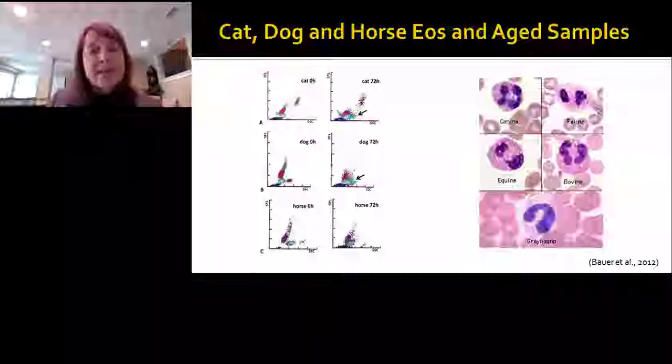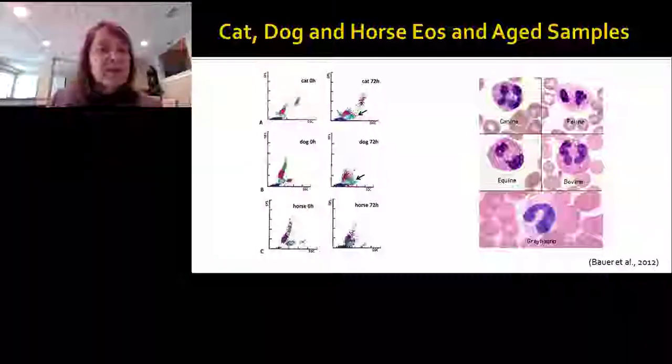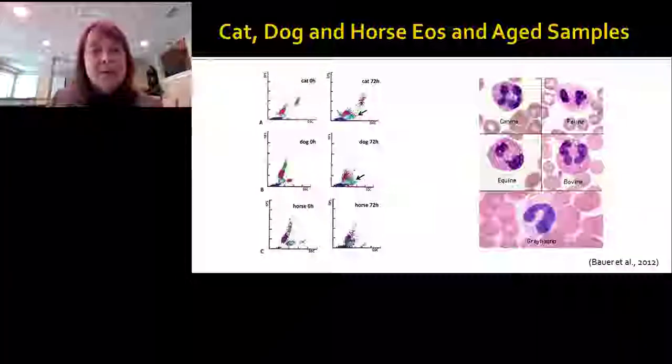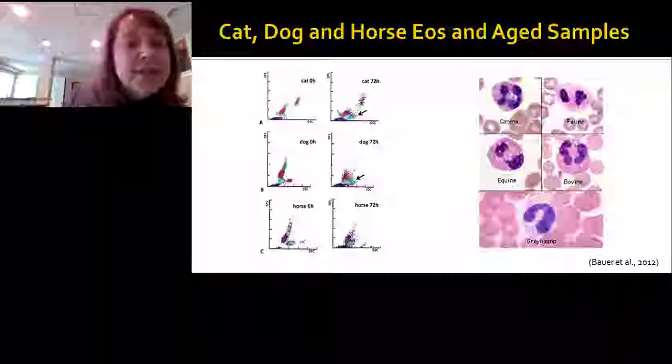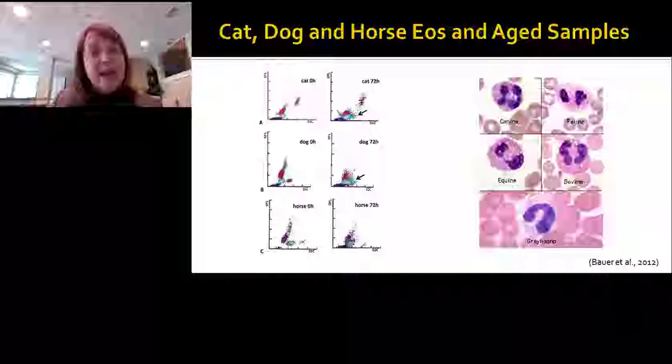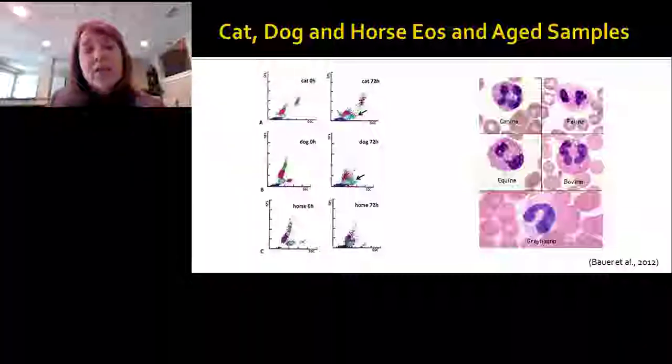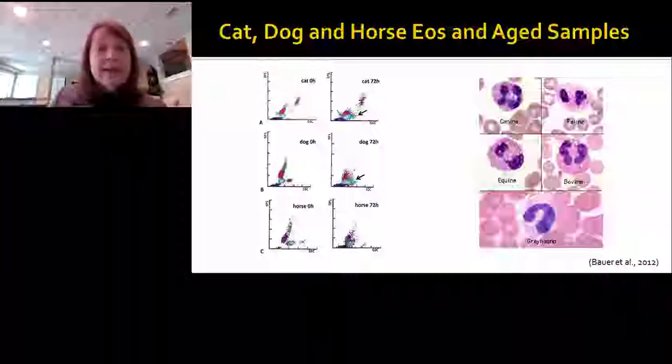One important application I saw in this publication was actually where eosinophils fell for this particular cat sample. And you can see they're actually very high on the y-axis, where typically, and in most of our examples, we expect them to be right next to the neutrophil population. So indeed, they can vary. And I've given you examples of various eosinophils that occur across species.